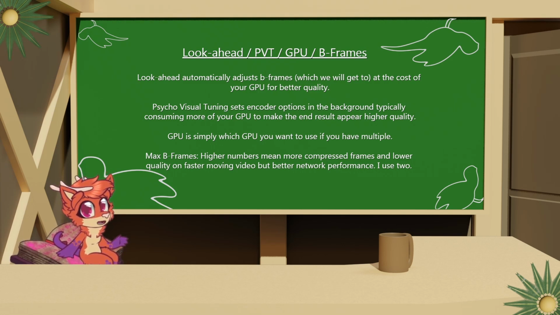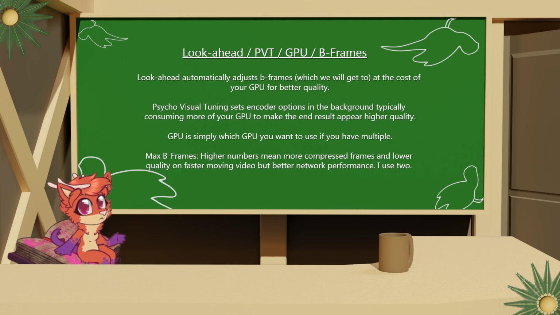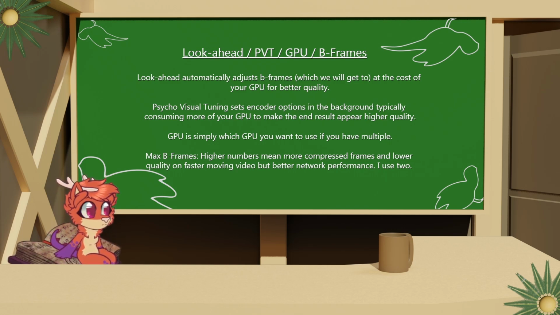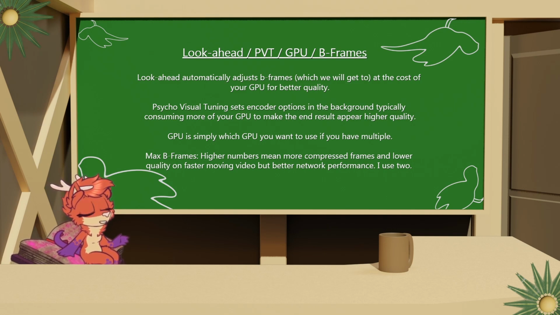GPU is just what GPU you want to use if you have multiple. So you know, you can choose 1 or 2 or 3, God forbid 4. And then max B frames is higher numbers mean more compressed frames and lower quality on faster moving video, but better network performance. I set it to 2.